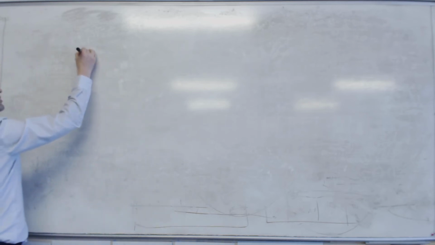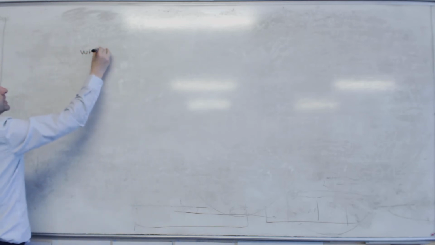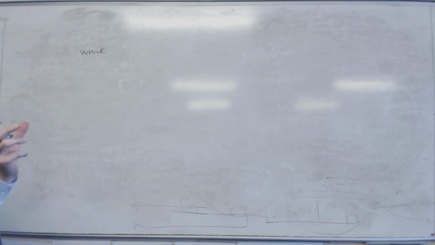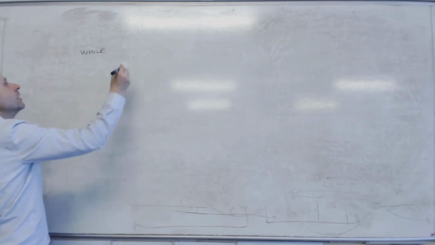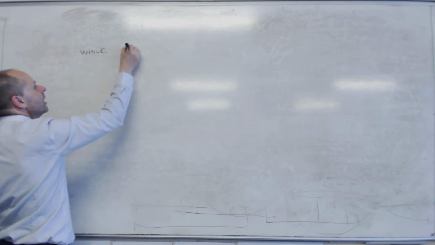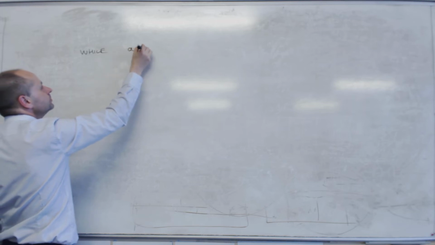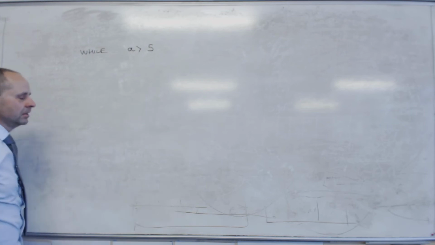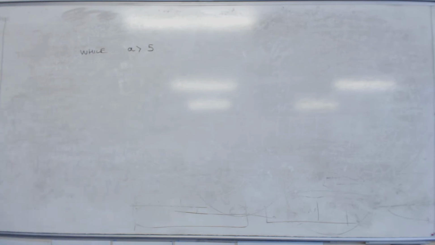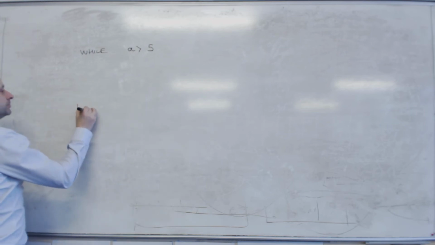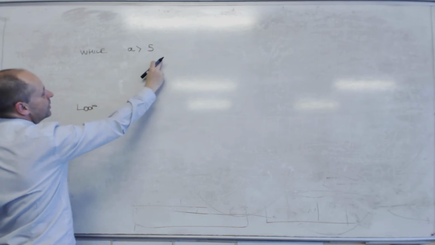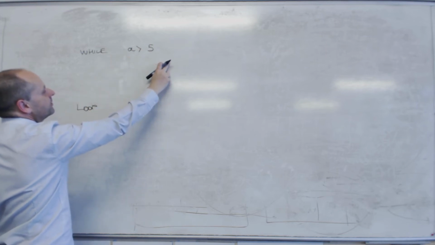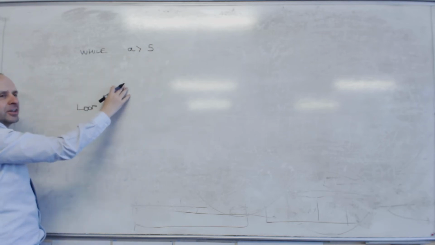The basic structure of a while loop is the keyword while and then a condition. So if this condition is true, when we evaluate a is greater than 5, we do the contents of the loop.